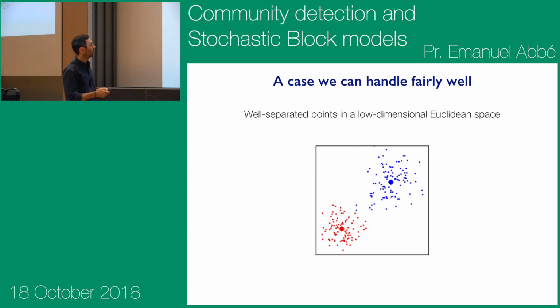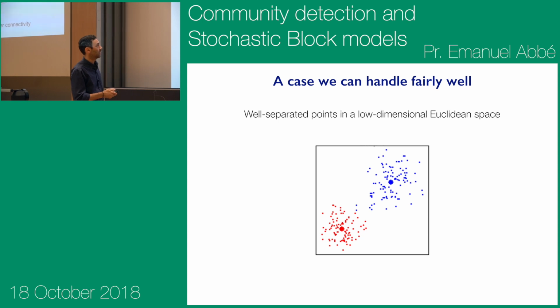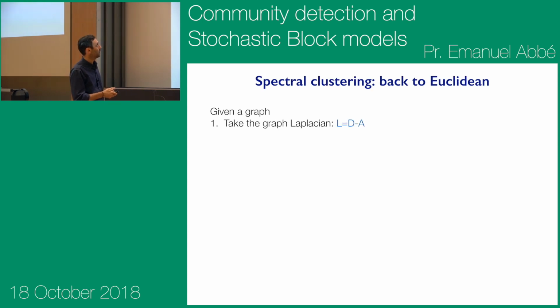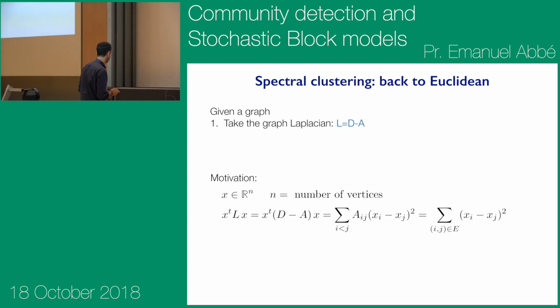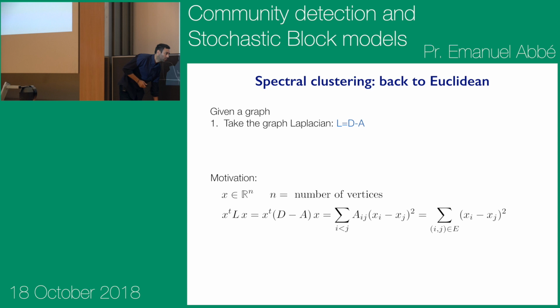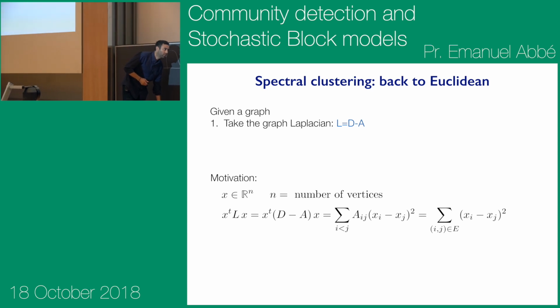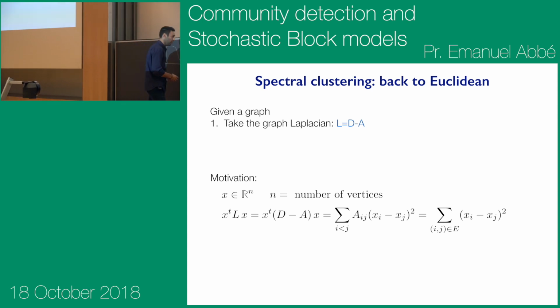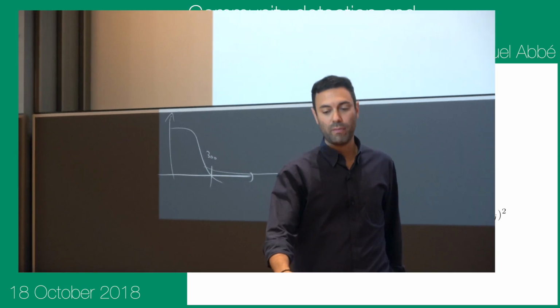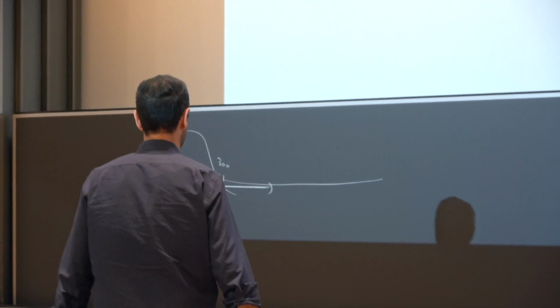So is there a way to go from the graph to this Euclidean setup? And here is one way to do it, is you take what's called the graph Laplacian. So what is this? From now on, I will start writing quite a bit on the board, so if it impedes your vision, you can see there. So the graph Laplacian is defined like this.